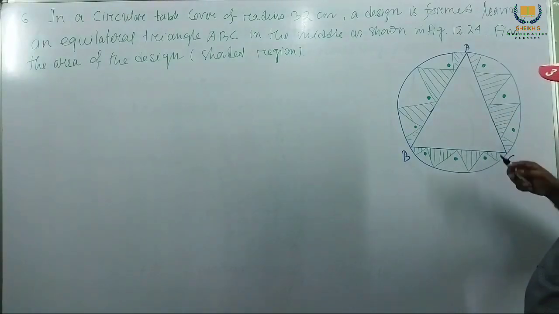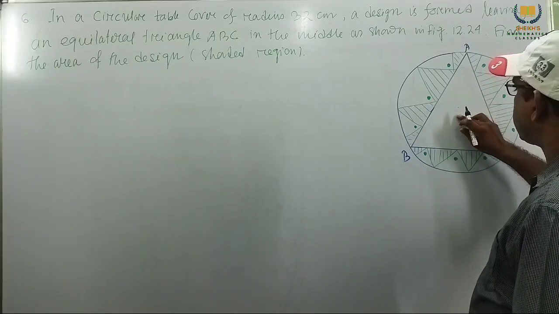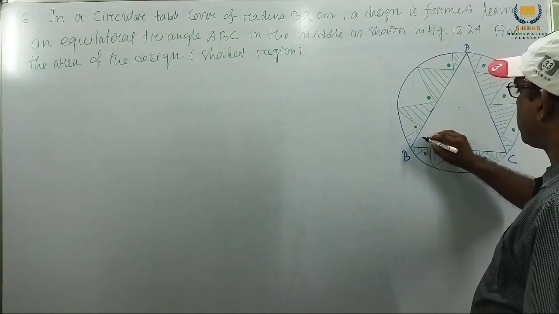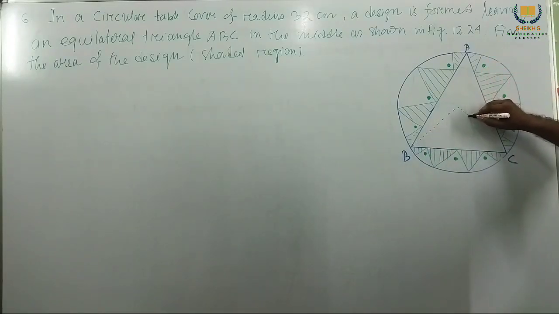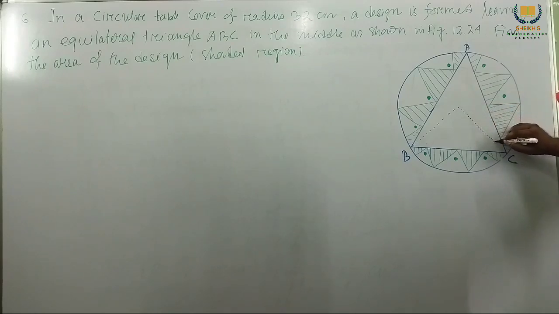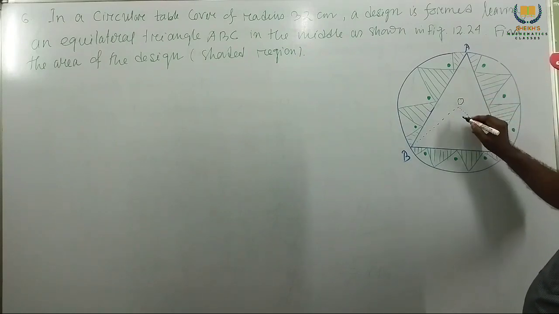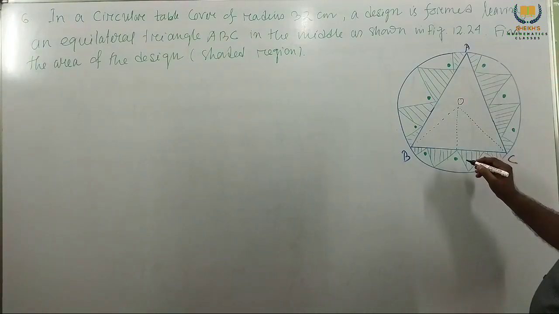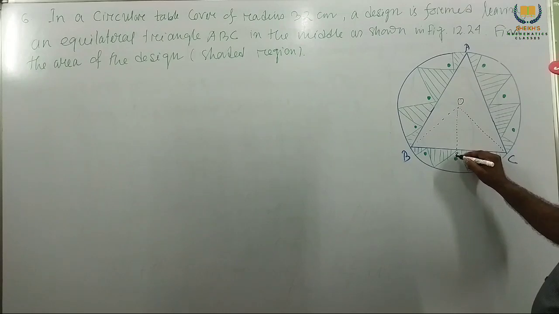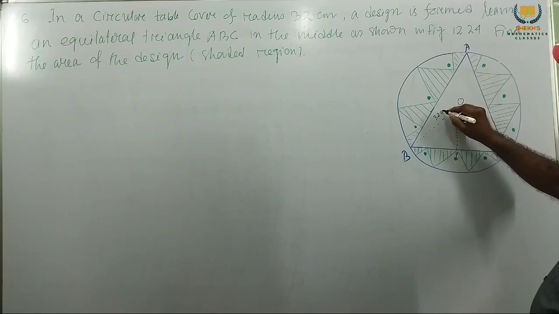Suppose this is our center O, and we draw a perpendicular OP, and the radius is given as 32 centimeter.